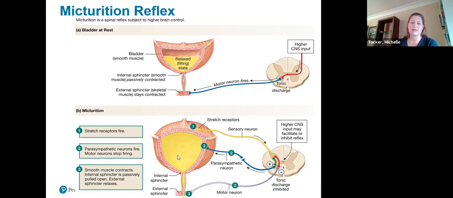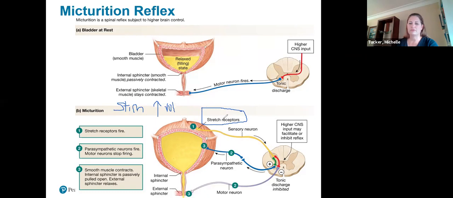Then as the bladder fills, the stimulus is an increase in bladder volume. That stimulus is going to be received by stretch receptors in the bladder.